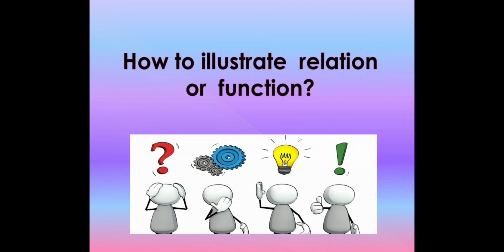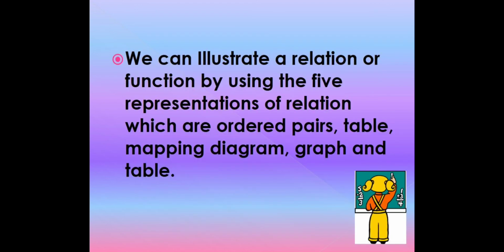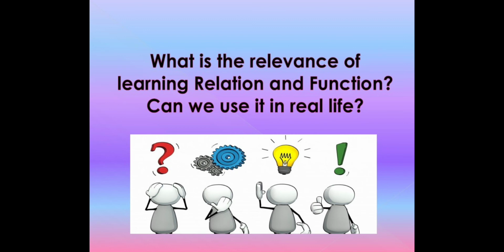How to illustrate relation and function? We can illustrate a relation or function by using the 5 representations of relation, which are ordered pairs, table, mapping diagram, graph, and rule. And what do you think is the relevance of learning relation and function?